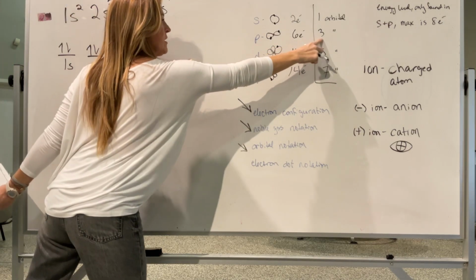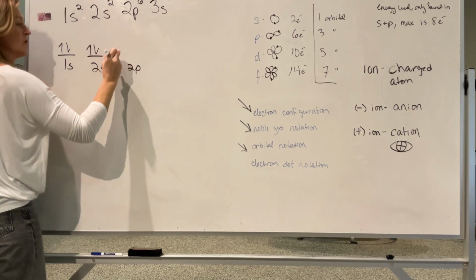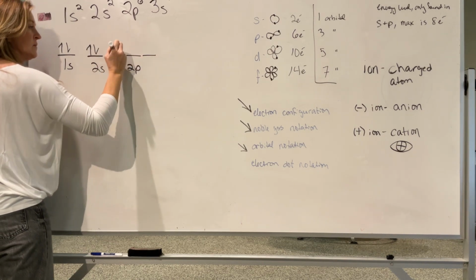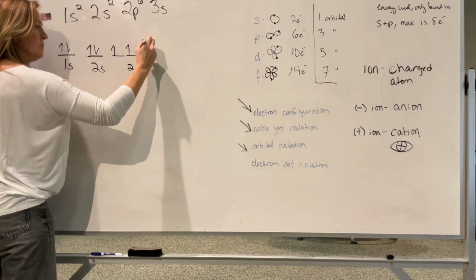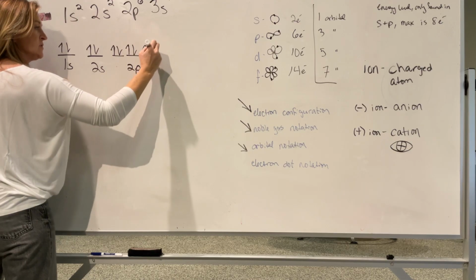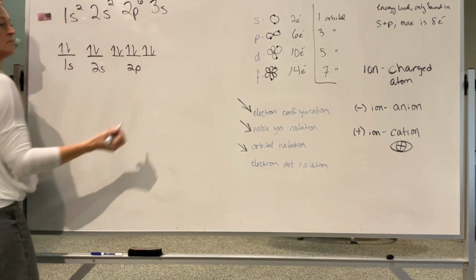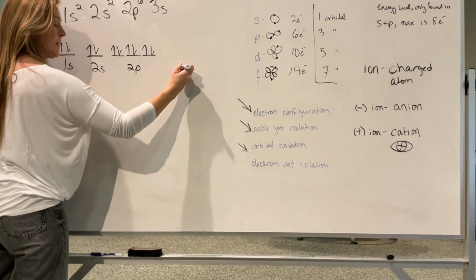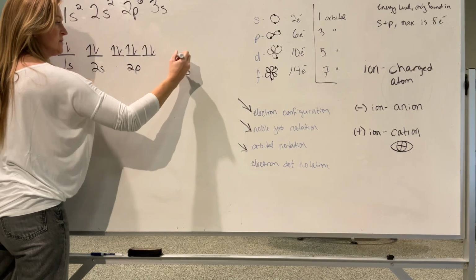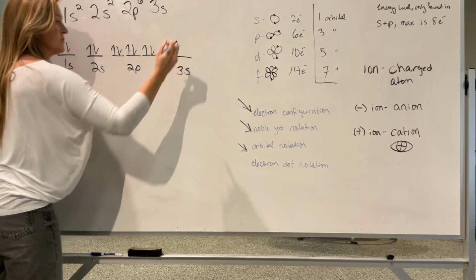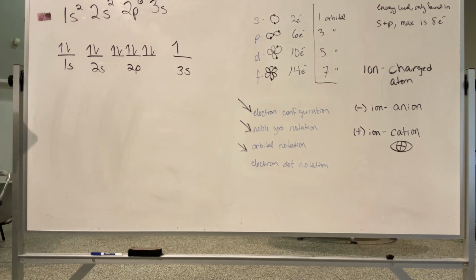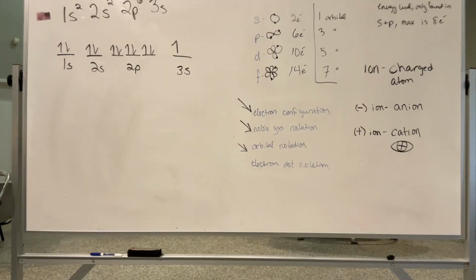Because remember I have 3 orbitals, that's why I can fit 6 electrons. Okay, and they're all filled up because there's 6. And then my next one? 3s, yes, and I'm just going to put 1 electron in there. Yep, so that is orbital notation.